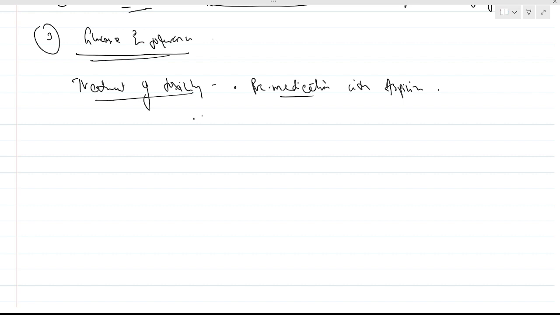Next treatment modality: PGD2 inhibitors. For example, laropiprant.